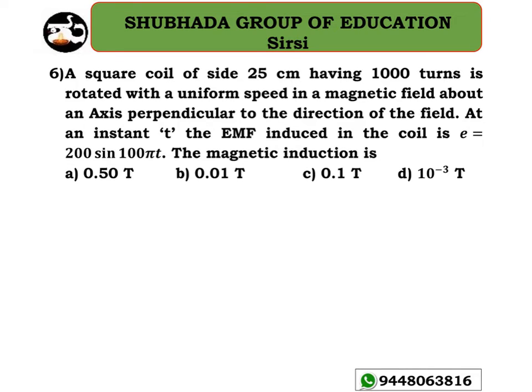To find out the magnetic induction, what you can do here is: E equal to NBA omega. I need to calculate the value of B here. So therefore B equal to E divided by NA omega. What is the given information here?